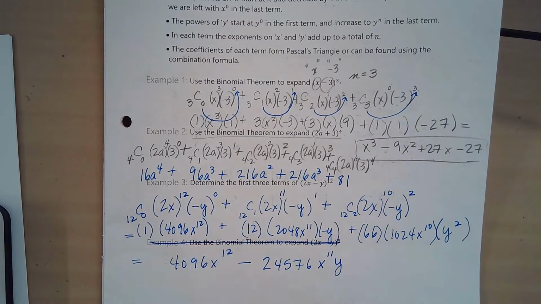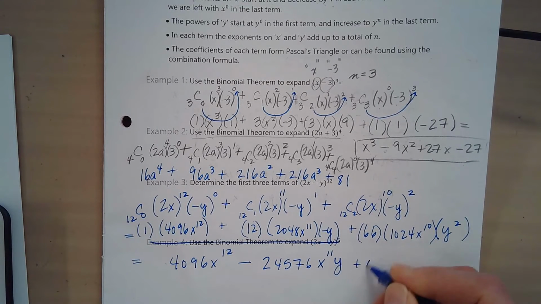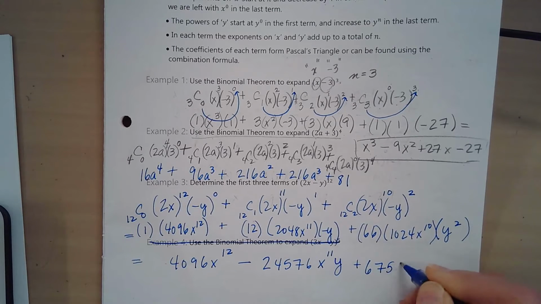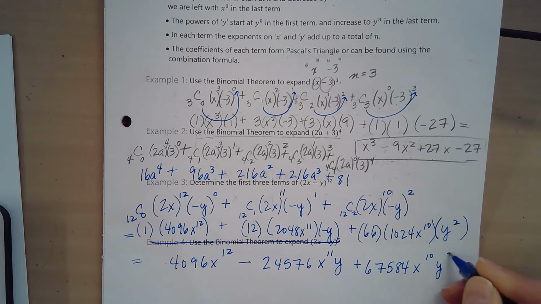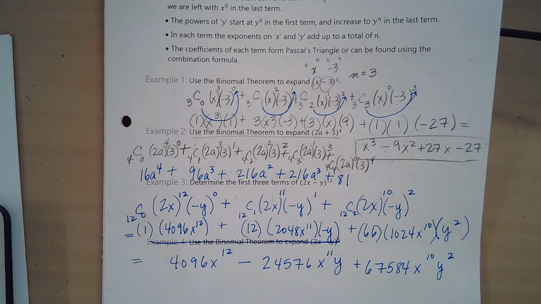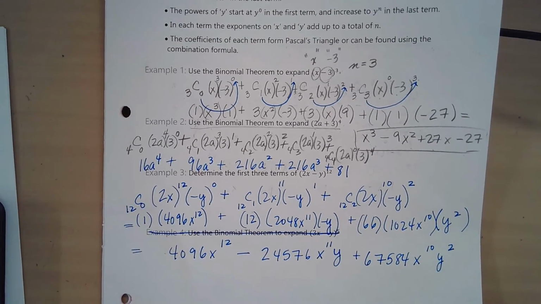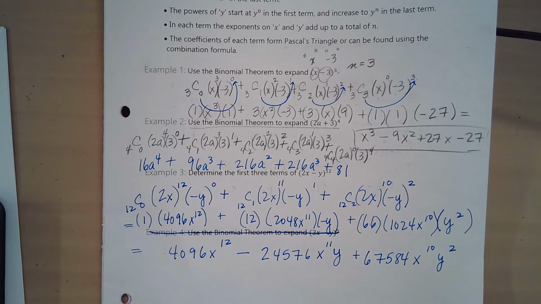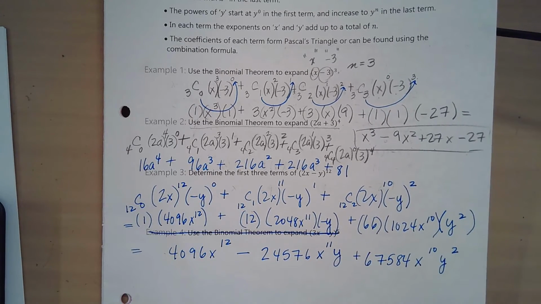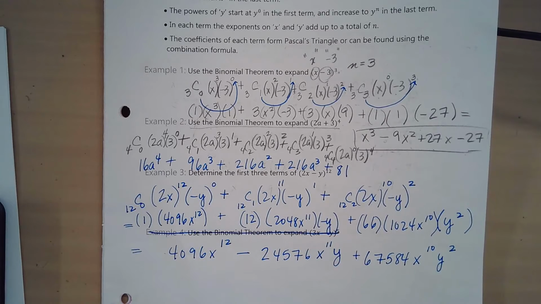Then this last one, I have 1024 times 66. So I have a positive 67584 x10 y2. Did anyone get that far before I did it? Yeah, you agree with me? Okay.